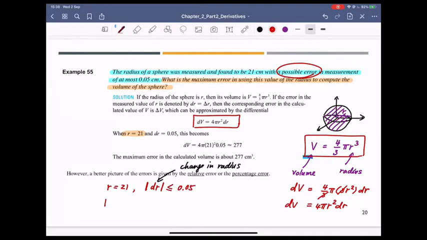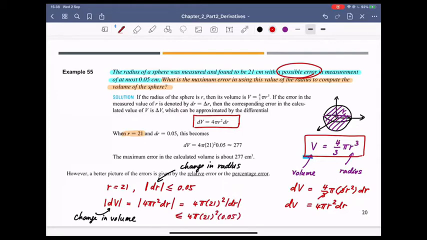We say that it is not going to be bigger than 0.05. So if you want to compute absolute dV, the change in volume, it is going to be absolute 4 pi r squared dr. This is 4 times pi times 21 squared times absolute dr, which is not going to be bigger than 4 times pi times 21 squared times 0.05, which is equal to 277.